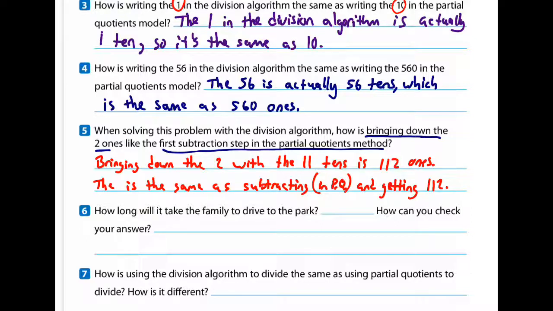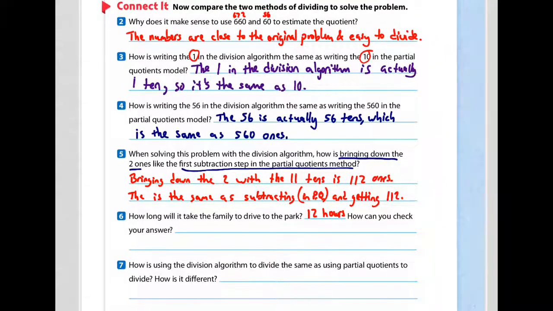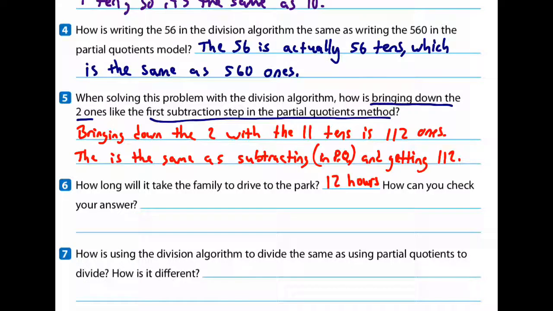Now, number 6 says, how long will it take the family to drive to the park? Well, we figured out the answer was 12 hours. And it says, how can you check your answer? Well, you can check your answer by using multiplication. So remember, we said 672 divided by 56 equals 12, right?